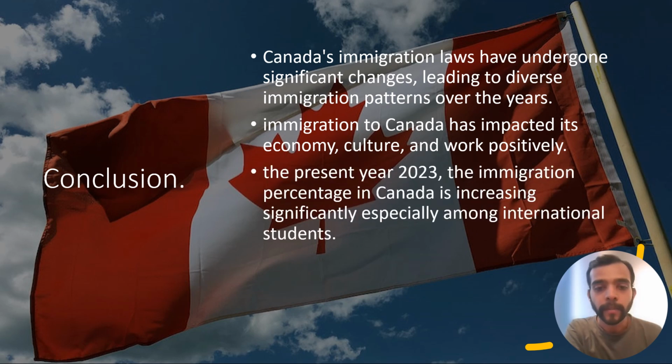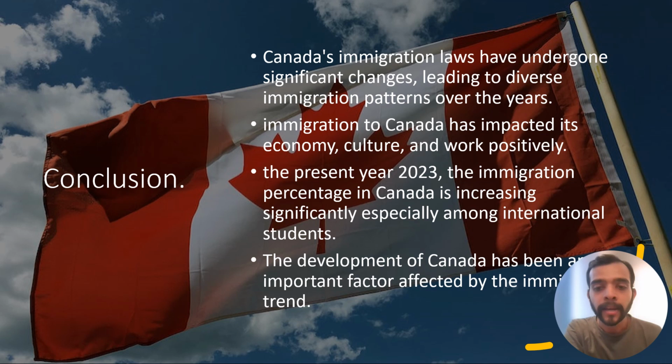At present, in 2023, the immigration percentage in Canada is increasing significantly due to international students, as they are day by day focusing towards their international degrees. The development of Canada has been an important factor affected by the immigration trend.